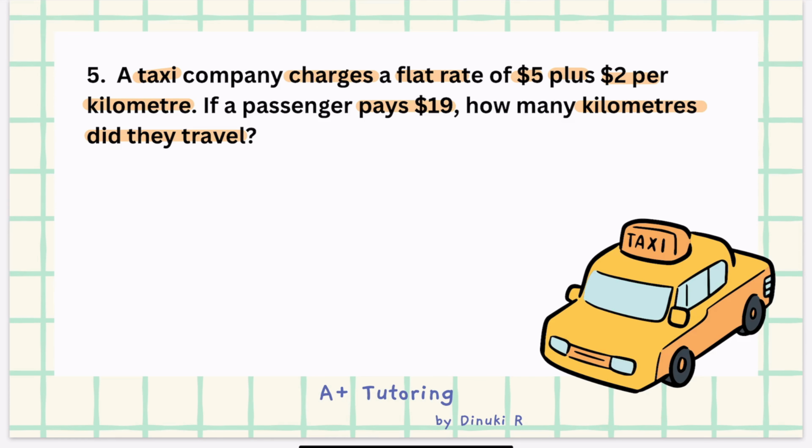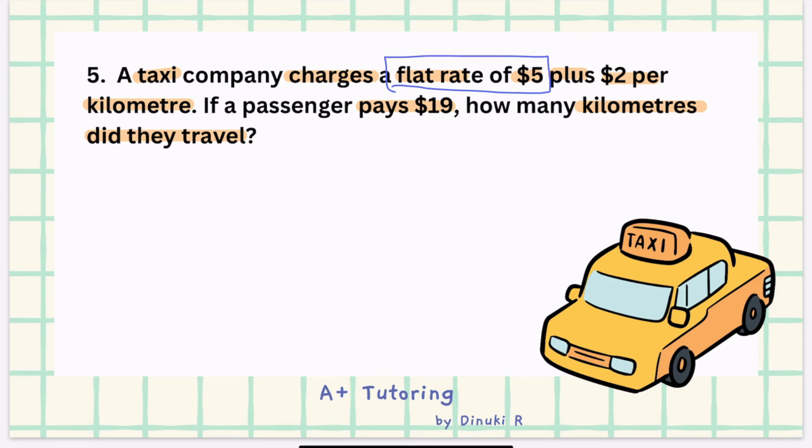So we've been told that there's a flat rate of $5. Sometimes when terms like this are used, students tend to panic, but a flat rate just means it's an amount that's charged even before you start traveling in the taxi, right?